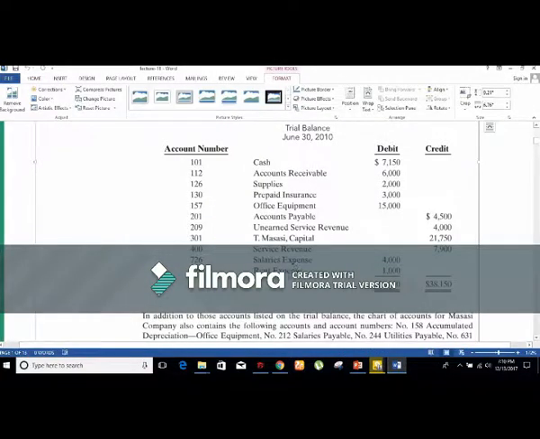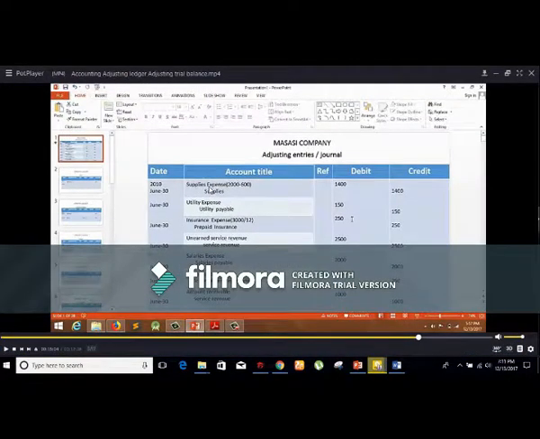You can see in the question we don't have any account title like supplies expense, but you may wonder where it came from. Here is the answer: in the adjusting journal we can see a supplies expense title, so we should make a ledger for it.